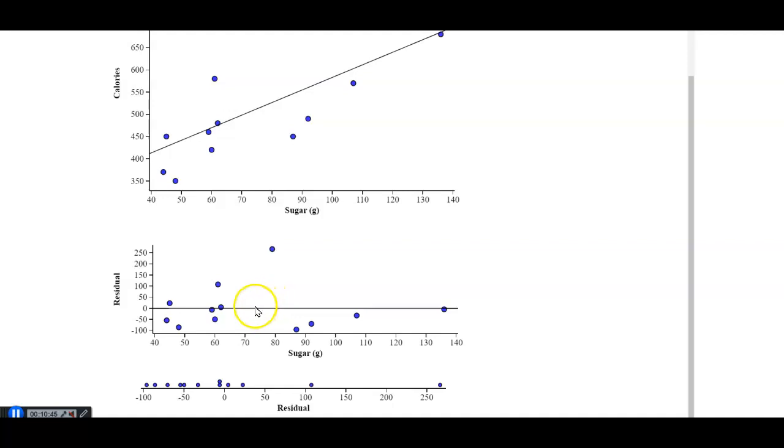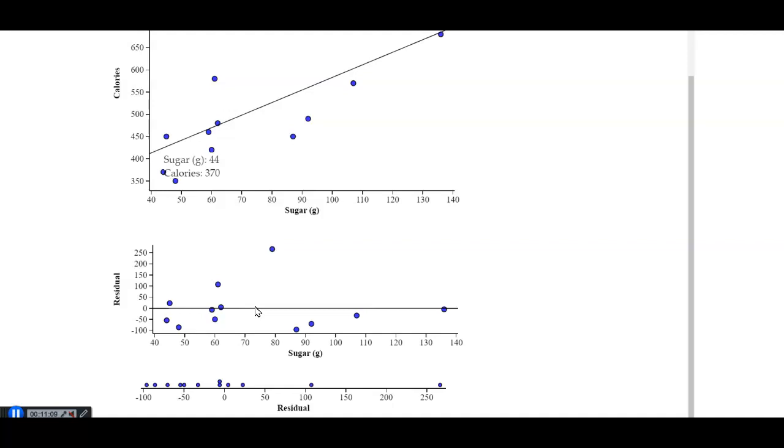Okay, so when you look at this chart right here that says residuals, what that's doing is it's telling you how far from this line these points are. So if I took this point, this 44,370, everybody look up front, please.